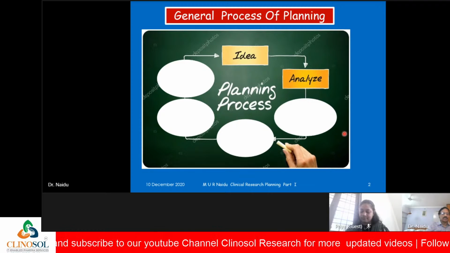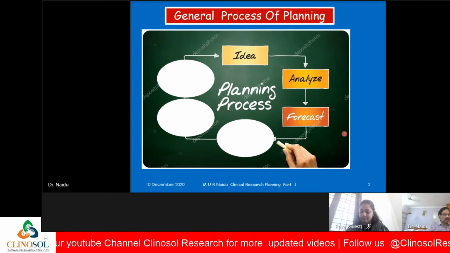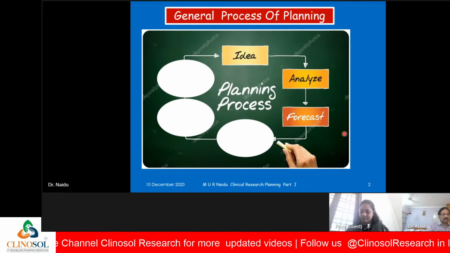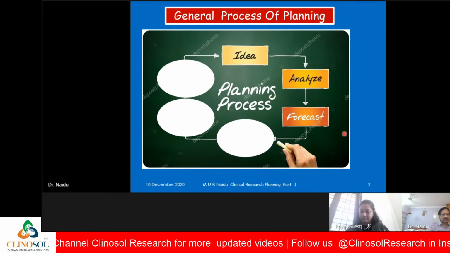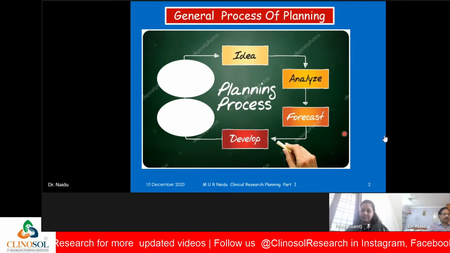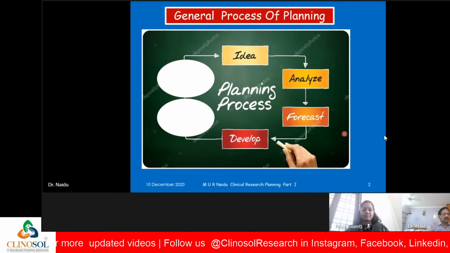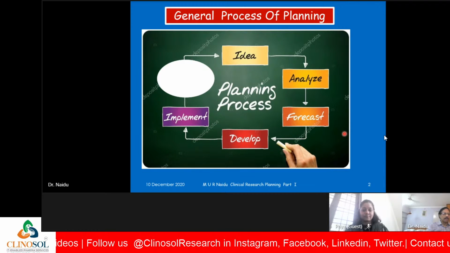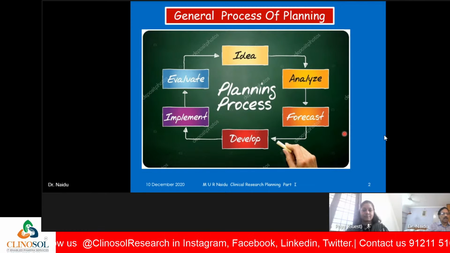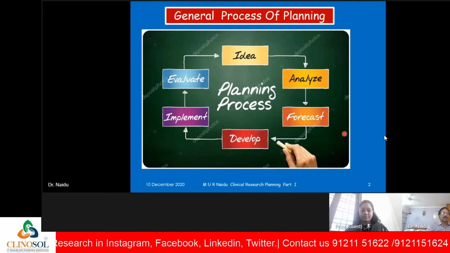Then you also have to forecast what is going to happen when you go there, the temperature, how you will reach there. Then you develop your entire plan: when you want to start, where you are going to stay. After everything you have to implement, and then finally you have to evaluate. So this is the general process of planning for anything you want to do.